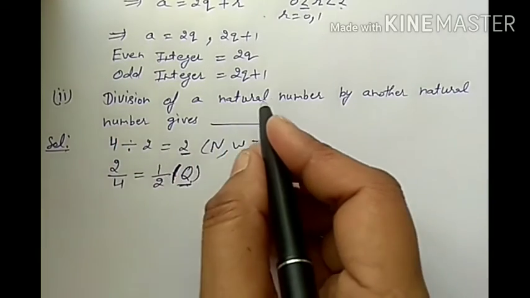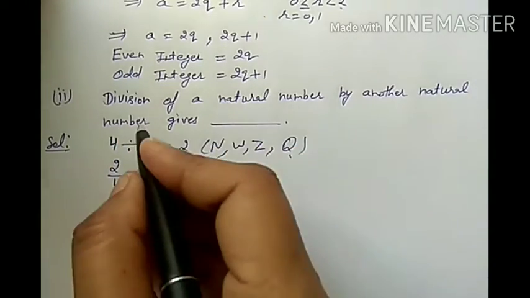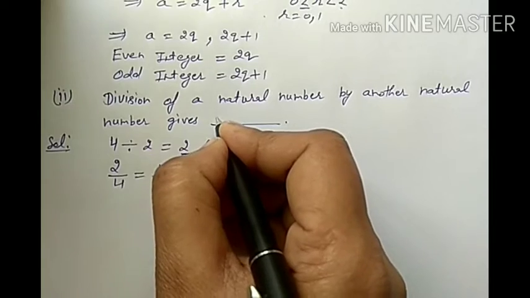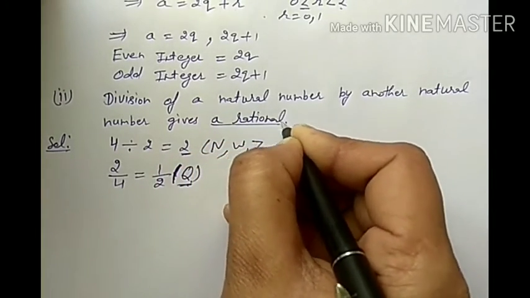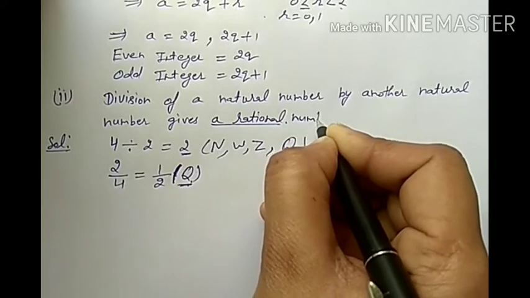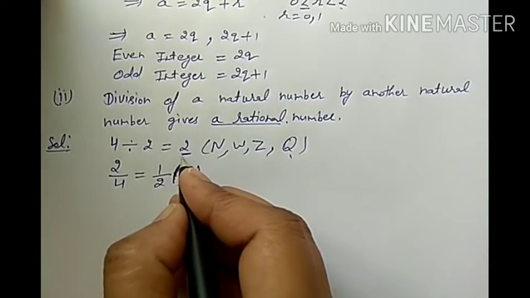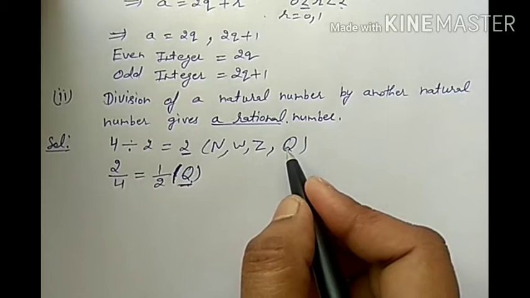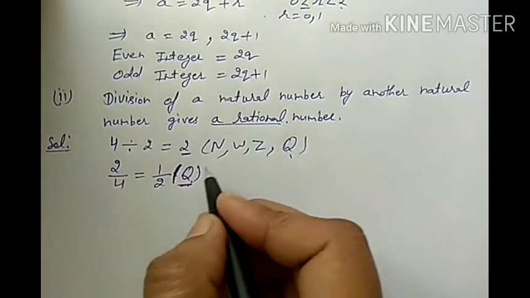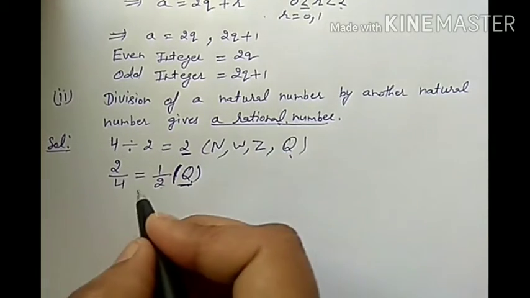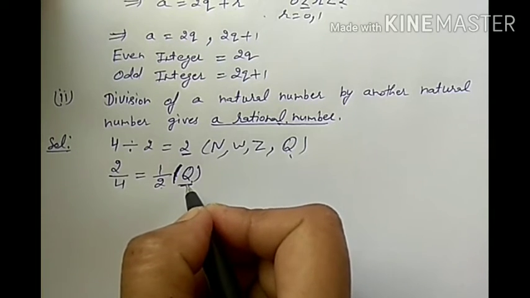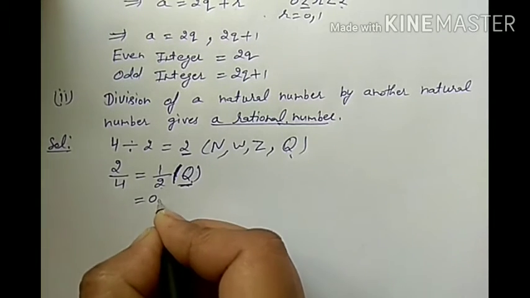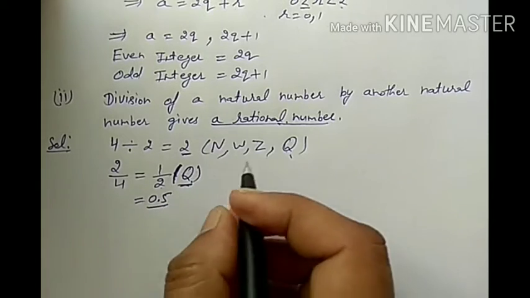So division of a natural number by another natural number gives a rational number, because in the first case we get 2, that is also a rational number. In the second case we get 1 by 2, that is also a rational number, because it is equal to 0.5, that is not an integer.